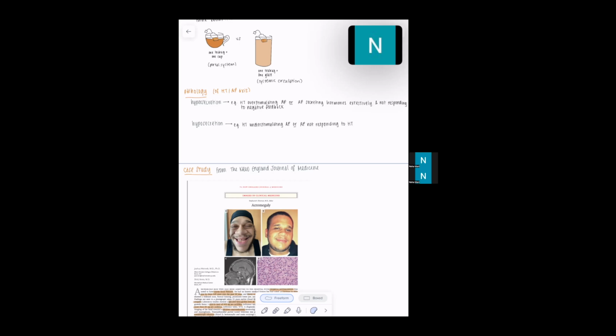And the flip side would be hyposecretion, which is where, let's say, the hypothalamus is not sufficiently stimulating the anterior pituitary, or maybe the anterior pituitary is just simply not responding to the hypothalamus. So there are a variety of ways in which the signaling axis could go wrong.